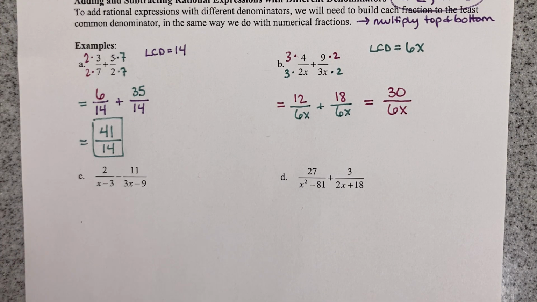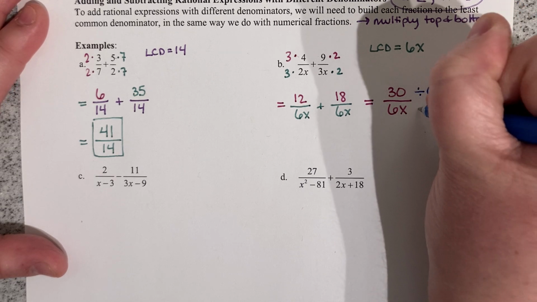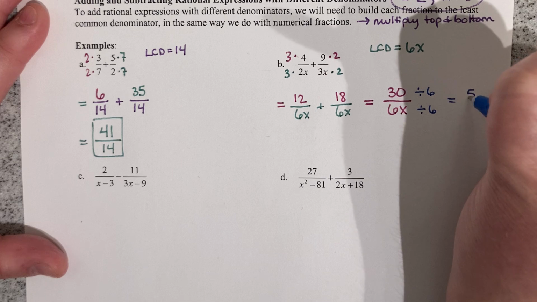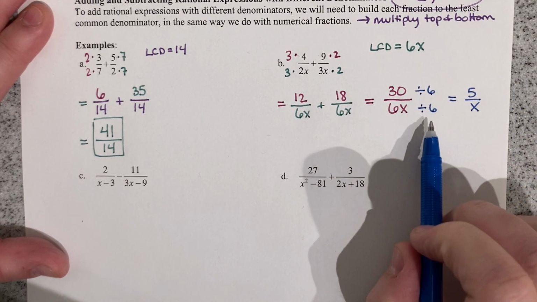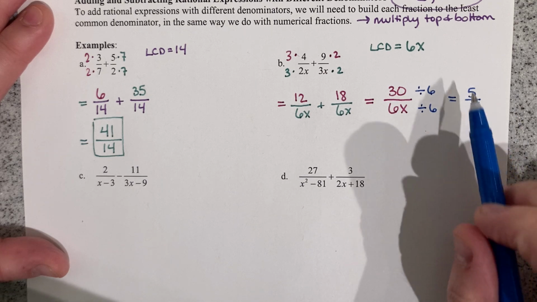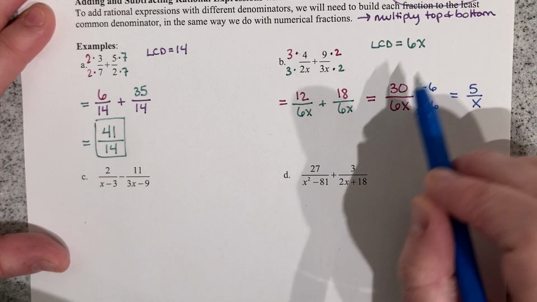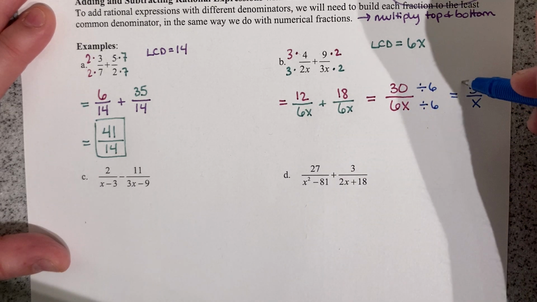And I need to reduce this. If I divide the top and the bottom by 6, that would be 5 over x. Now, what I reduce by doesn't have an x in it, so we don't need any additional domain restrictions like we did up here, because we're only factoring or reducing by a number, not an x.